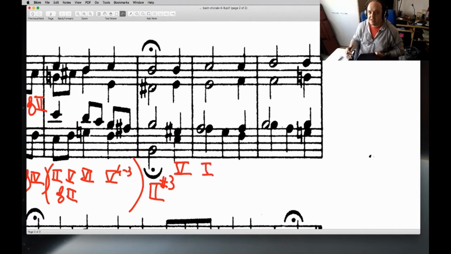Bam, bam. This is like a boom. Big gravitational shift. Boom. Back towards the tonic again. Now, passing note, passing 7. Then this is a 6, chord 6. This is 2, plain and simple, B minor.